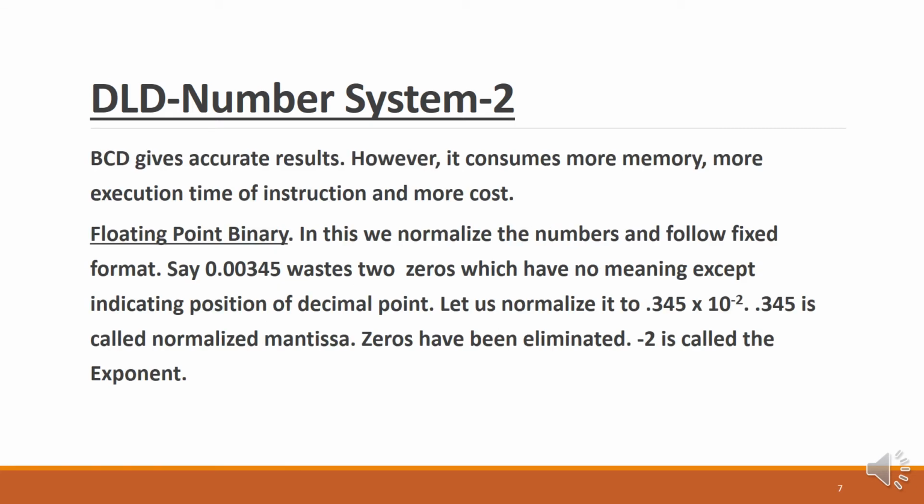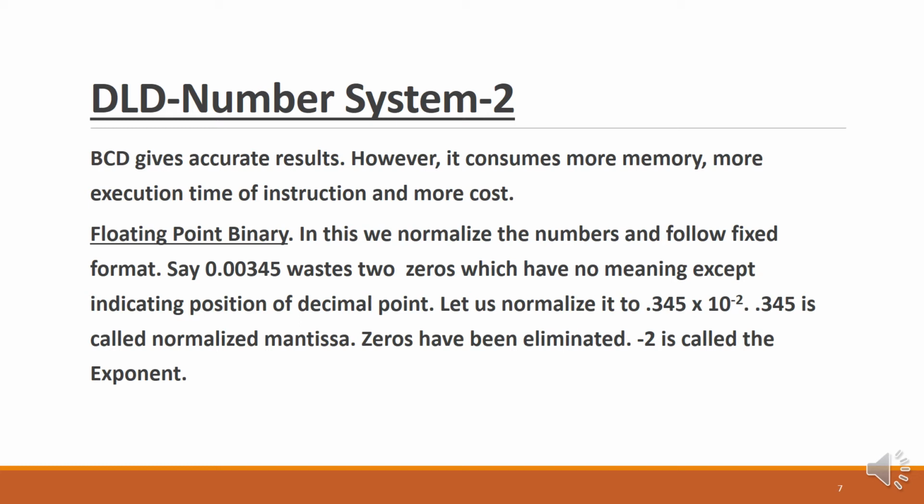Now BCD gives us accurate results, all right, but it consumes more memory, and when you consume more memory and execute more instructions, it takes more execution time, and then it will cost more.